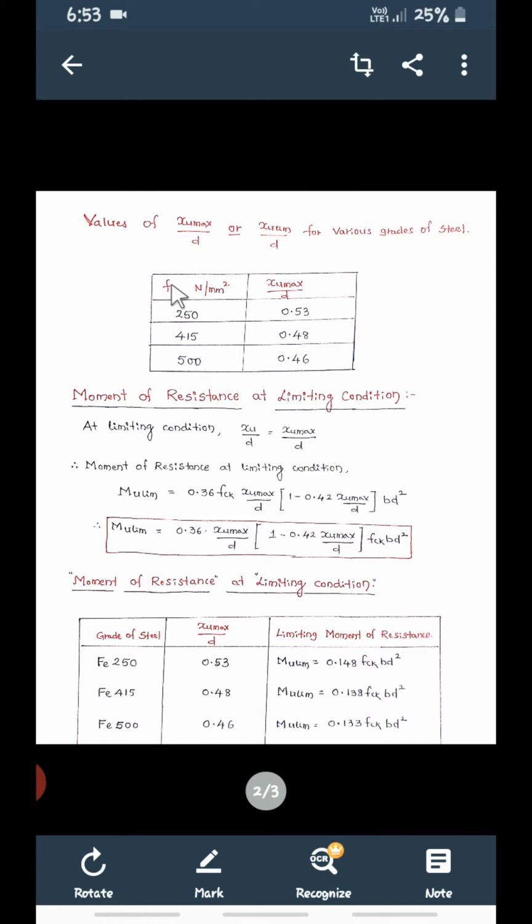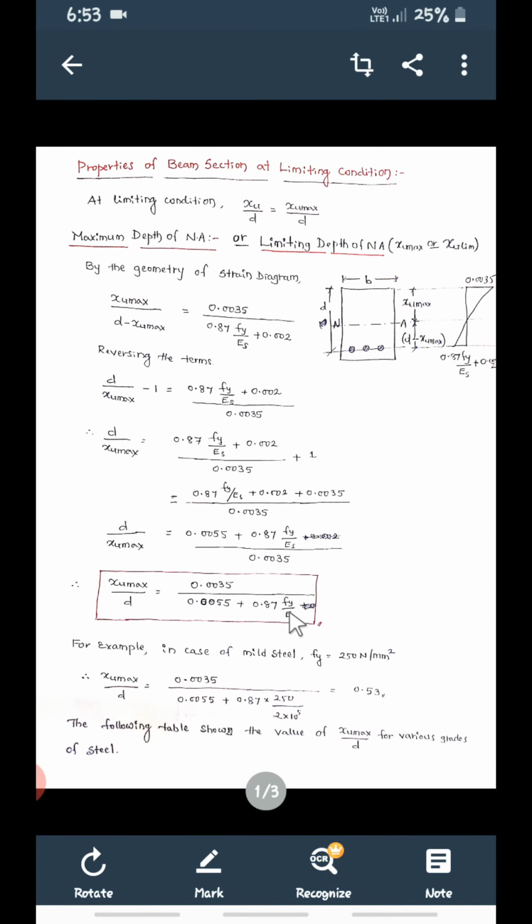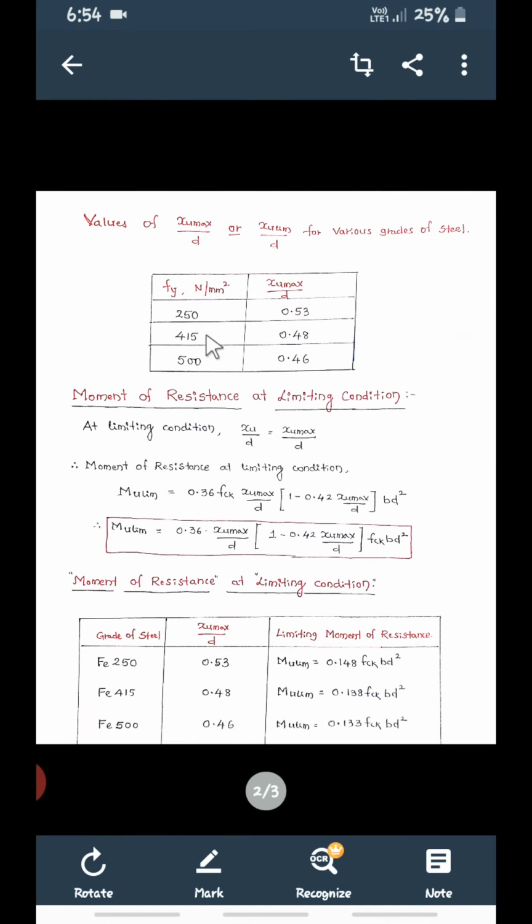That is the characteristic strength of steel. Substitute 250 here, along with Young's modulus, and Xu max upon d is equal to 0.53. Similarly, substitute Fy 415, you get Xu max upon d equal to 0.48, and for 500 it is 0.46. So remember this table.